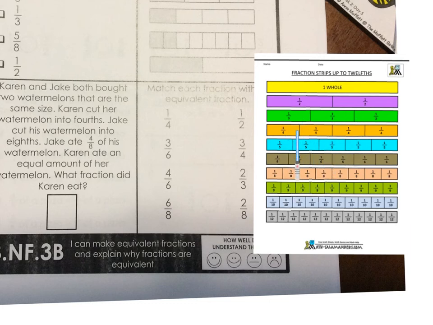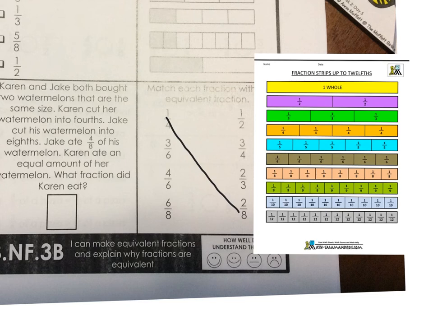Okay, now let's try 2/8. Okay, so here's 1/4. I'm going to travel down to my 2/8. Are they equivalent to one another? They are. So what you're going to do is you're going to take your pencil and you're going to draw a line from 1/4 to 2/8 because they are equivalent to one another.